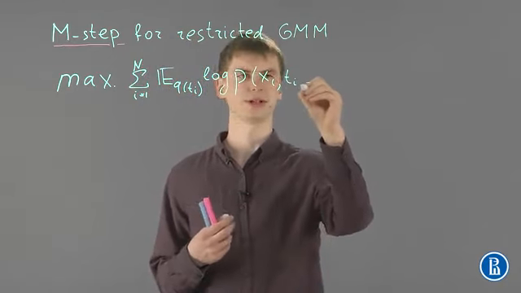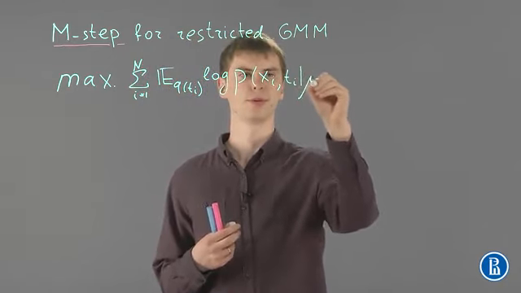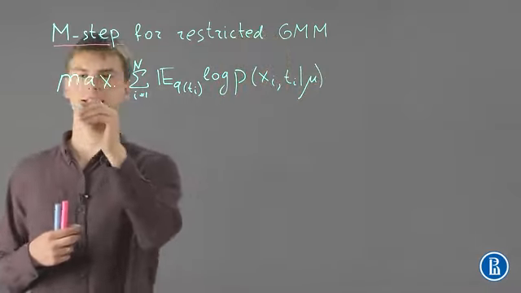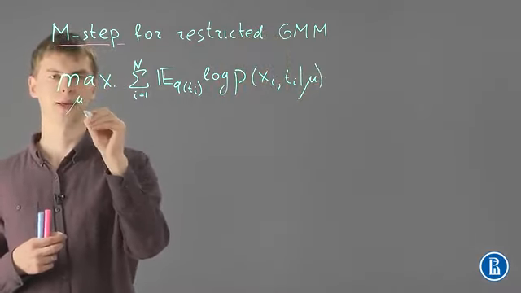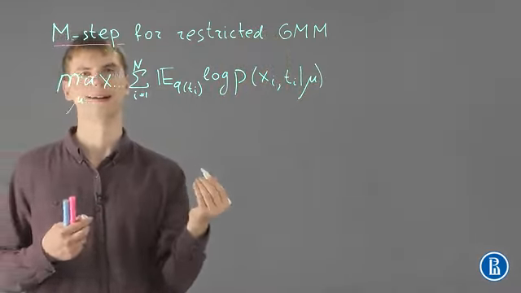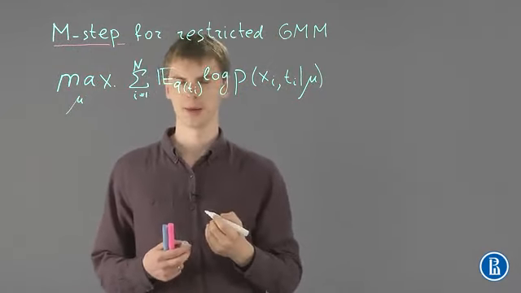And here the parameters are just mu, so given mu. And maximize this expression with respect to mu1 to mu number of clusters.